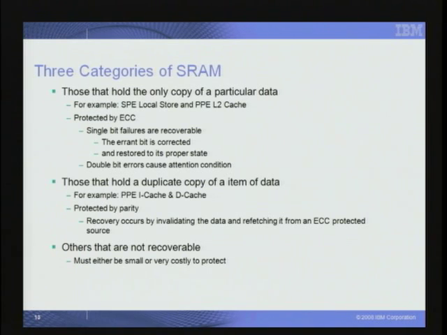These arrays are typically covered by parity, so a bit flip there will cause the machine to realize that there has been an error, flush out the array and reload it from the backing store. The SPU local store and the PPU L2 hold the real copies of data, and we don't have anything else, so we have to protect those with ECC, whereas the L1 caches are, well, the I cache doesn't write, but the D cache is write-through, so we can protect that with parity only.